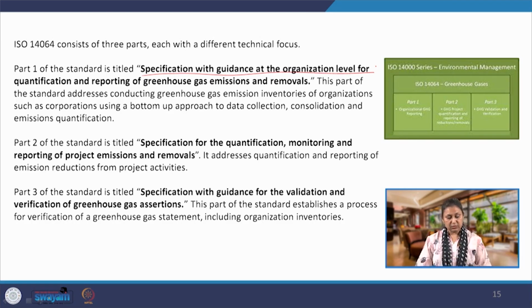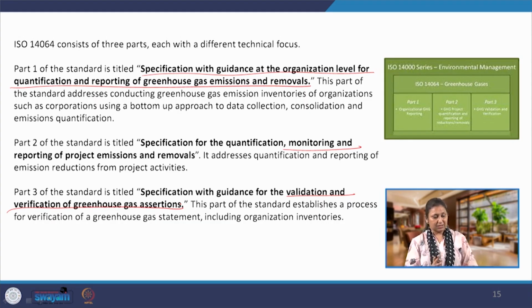Part 2 is the specification for quantification, monitoring and reporting of project emissions and removals, and Part 3 is the specification with guidance for validation and verification. So, in the first we are looking at the quantification and reporting of greenhouse gas emissions and removals. Second, we are adding the monitoring part, and in the third one we are talking about validation and verification of greenhouse gas assertions.